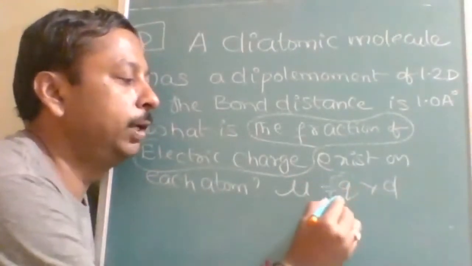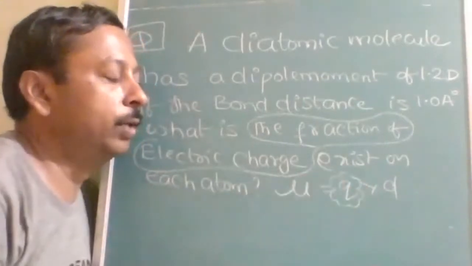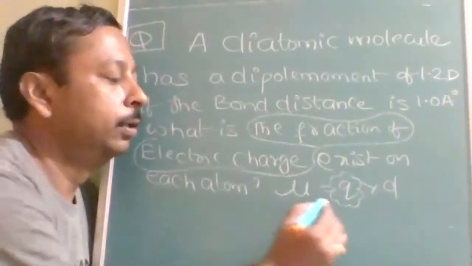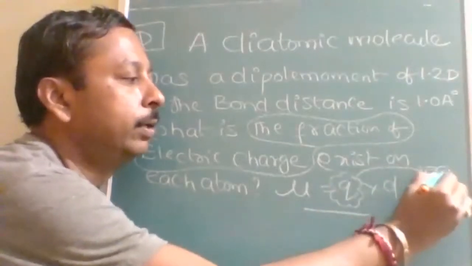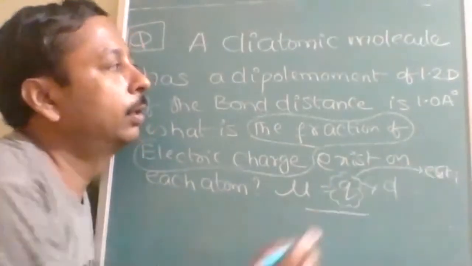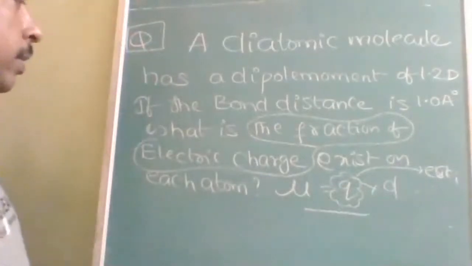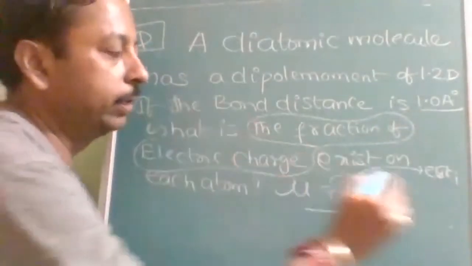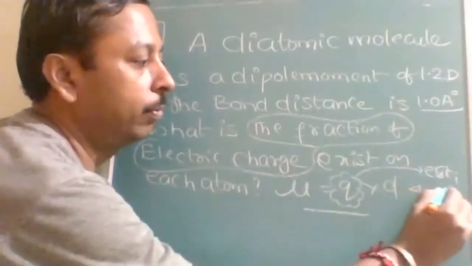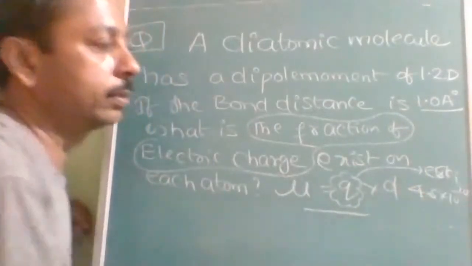People leave after finding the Q, but that is not the answer. So Q divided by, suppose it is in ESU centimeter, what are the units? Let me check. If you calculate in ESU centimeter, what will you do? 4.8 into 10 to the power of minus 10.